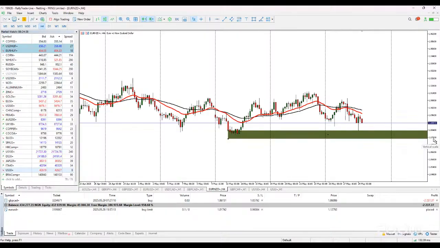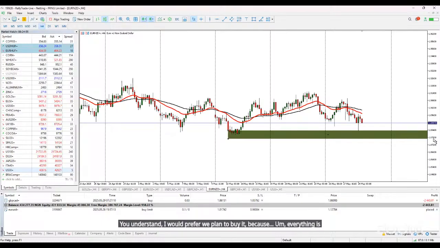So for Euro NZD, I would prefer we plan to buy. You understand? I would prefer we plan to buy because everything is showing it.